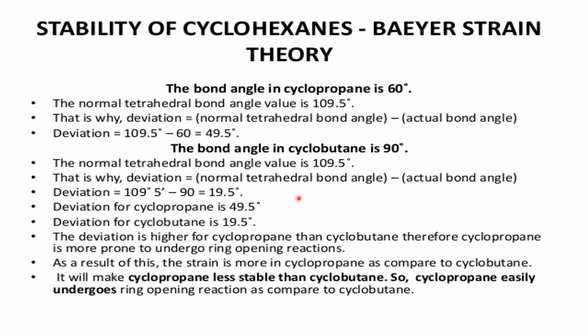Moving to the case of cyclobutane, the bond angle is found to be 90 degree. So 109 minus 90 is equal to 19.5. Now comparing the deviation of cyclopropane and cyclobutane, the deviation of cyclopropane is maximum, while that of cyclobutane is lower than cyclopropane.